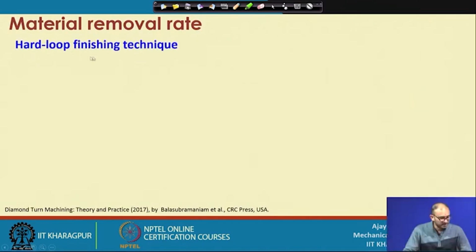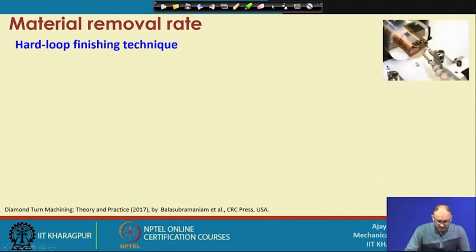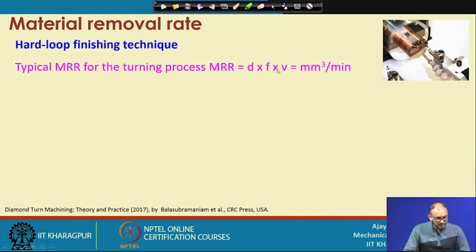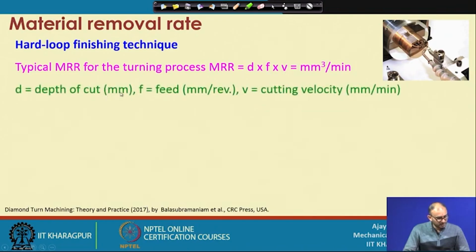First, let us talk about the hard loop finishing. Here we are talking about diamond turning machining. The equation is similar to what we use in conventional machining processes, with depth, feed and speed, where D is the depth of cut, mostly in millimeter. Feed rate is in millimeter per revolution, and cutting velocity is in millimeter per minute.